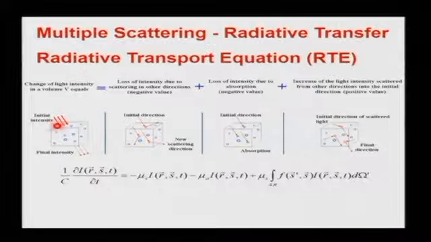What does it mean? It's a very simple, phenomenological model. If we have a medium, we illuminate it with light, and we're able to detect the light on the detector. Then we consider what happened. The light that comes into the medium may scatter and never come to the detector, so it will be lost somewhere in the medium.